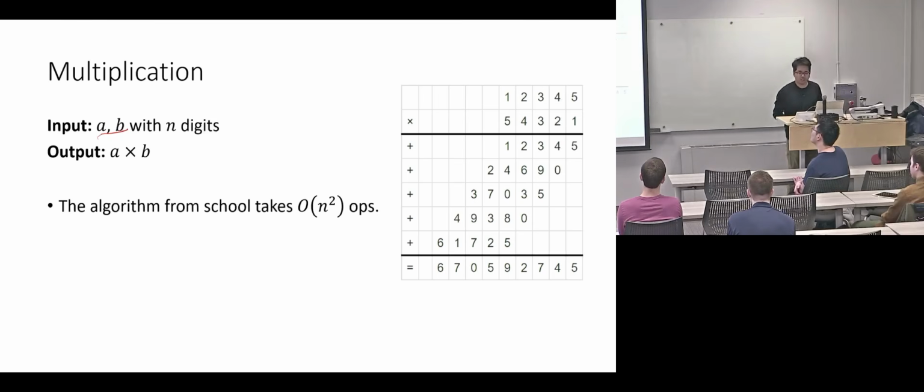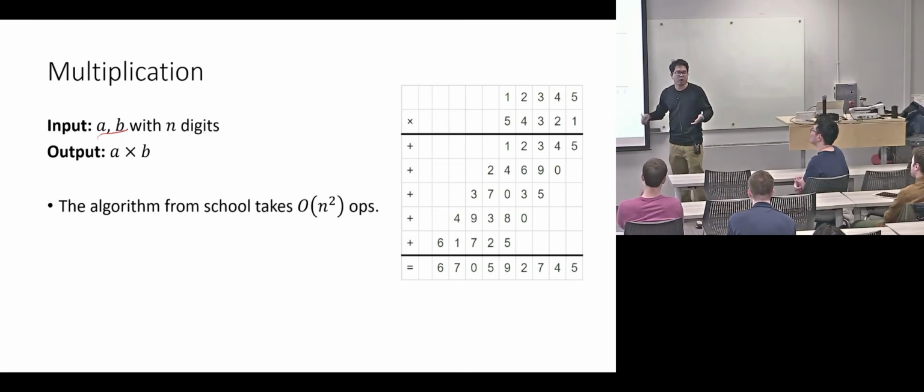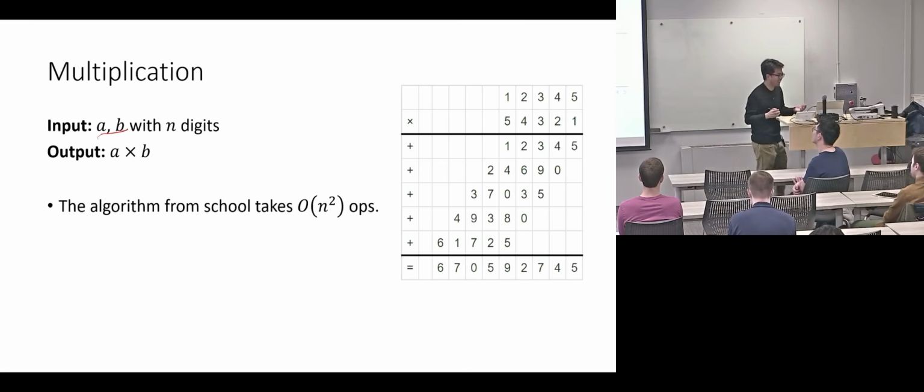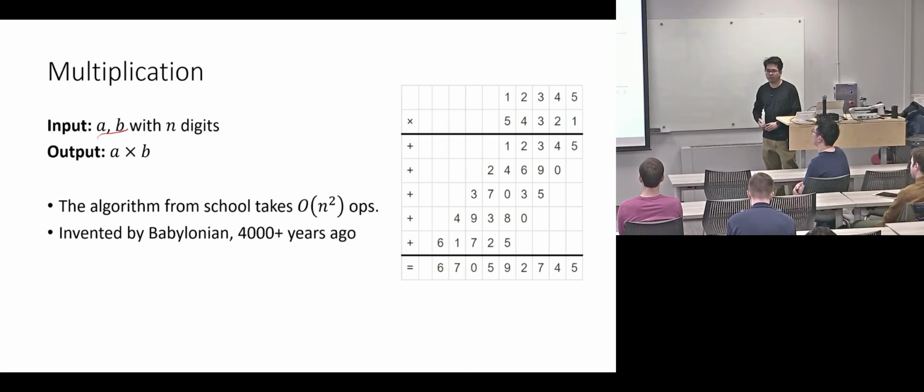But when these 2 numbers have 5 digits, you need something like 5 squared operations just to write this down, and in general you take n squared operations. So it's an algorithm that works correctly. We love it. And it's been known for a long time, more than 4,000 years actually, invented by Babylonian people.